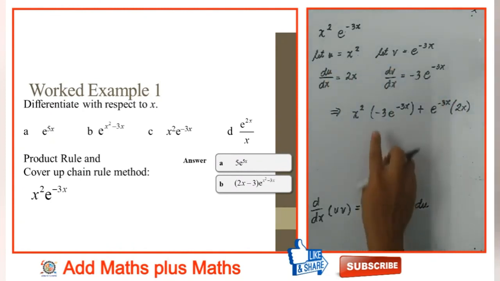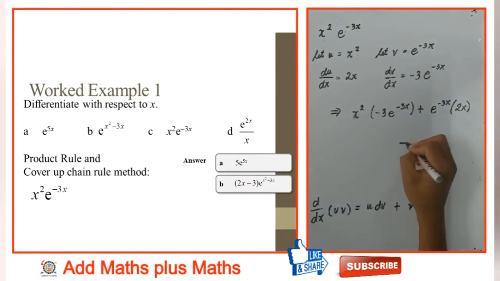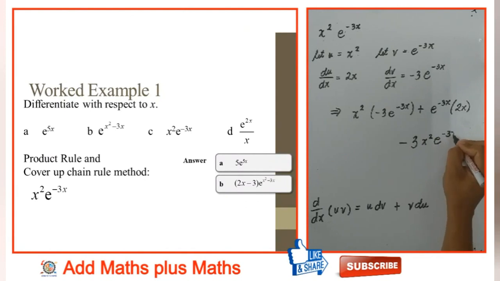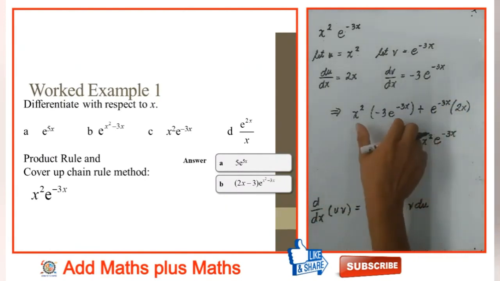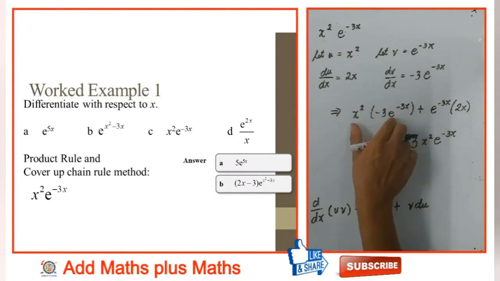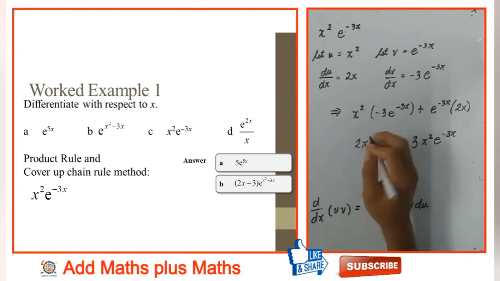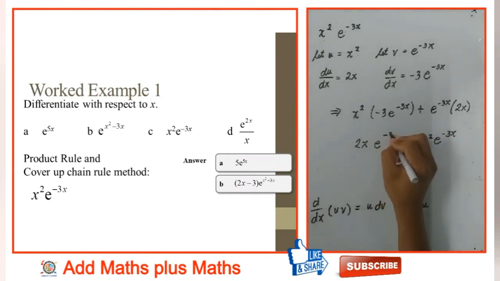Okay, this will be a negative term, so I'll just put it on the next term, so it will become negative 3x squared e power of negative 3x. Then bring this in front. It doesn't matter if I put that first, but it will be better if the first term is not a negative term. Then 2x e power of negative 3x.